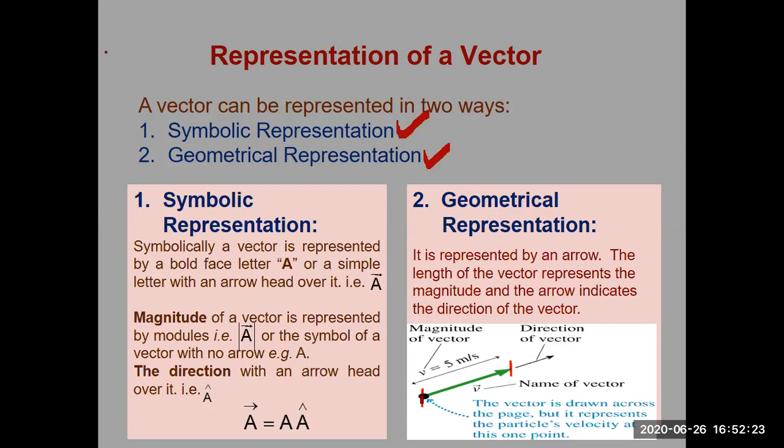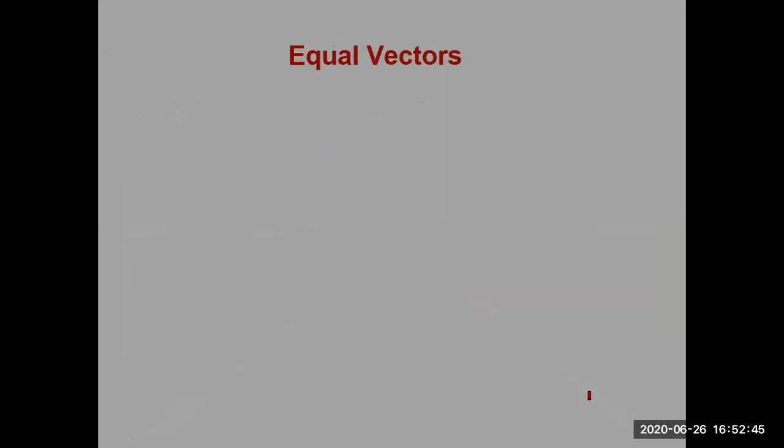The length between the two is the magnitude of the vector, and it is represented by an arrow. The length of the vector represents the magnitude and the arrow indicates the direction. So the vector is drawn like this.